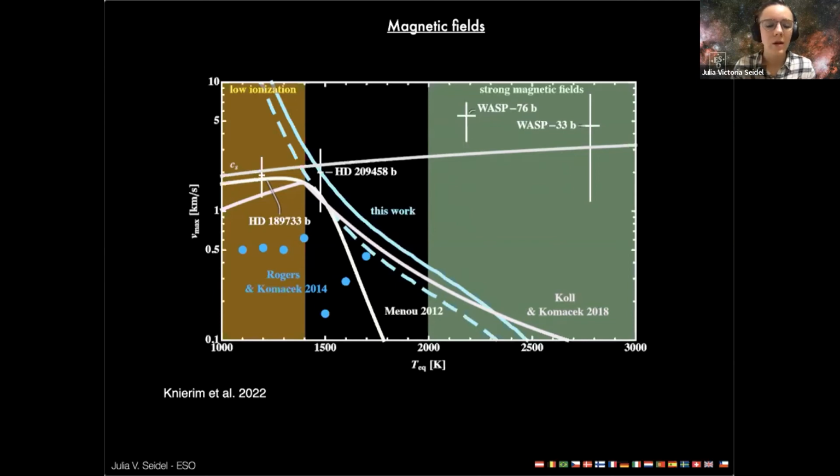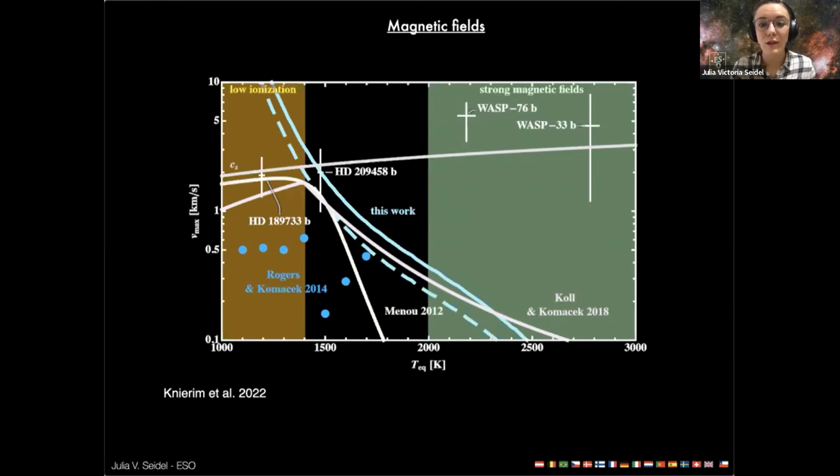So they provided this model that you see in light blue here, in the central part of the plot, where they plotted the equilibrium temperature of the exoplanet versus the maximum wind speed of the jets in the lower atmosphere that would interact with a magnetic field. And this is interesting because I have never heard of this.